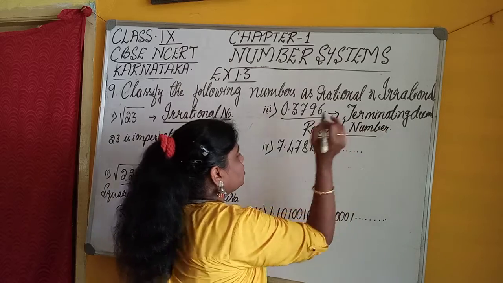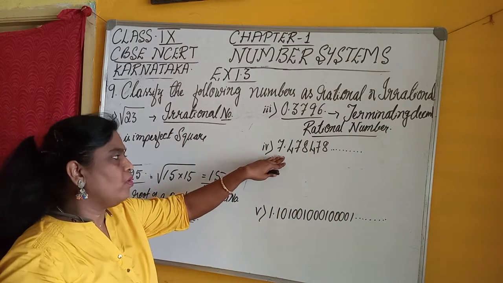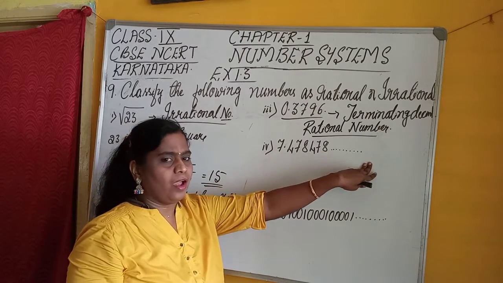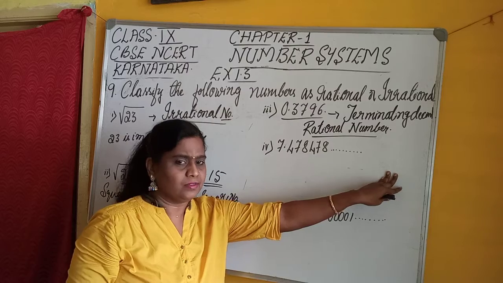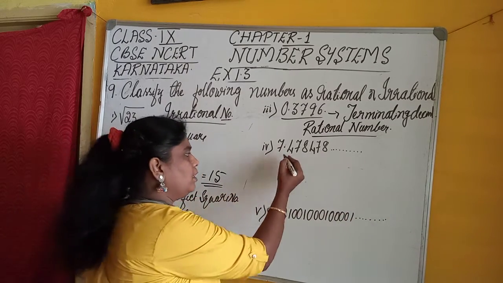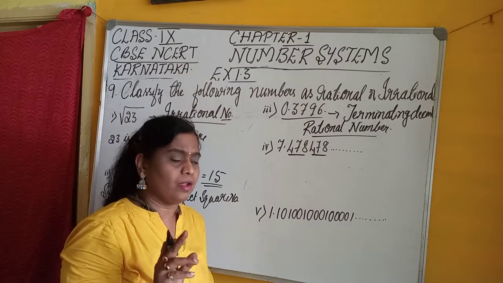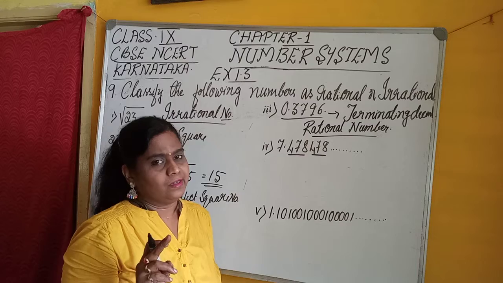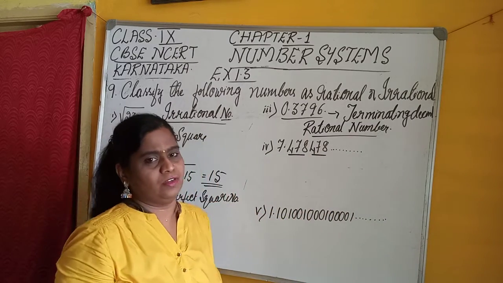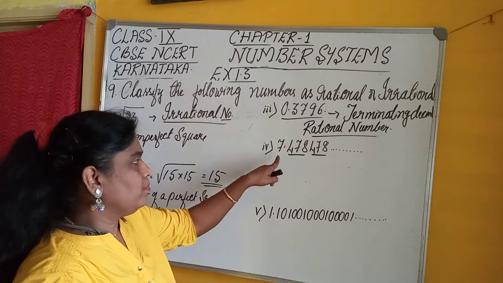Understood? Students, follow on. Next is given 7.478478 and these are recurring, isn't it? It is also in the decimal form. Here 3 digits, 478, are repeating or recurring, and also it is non-terminating.